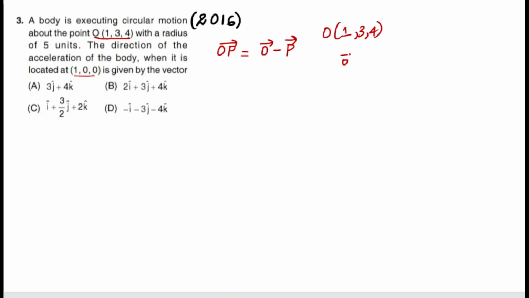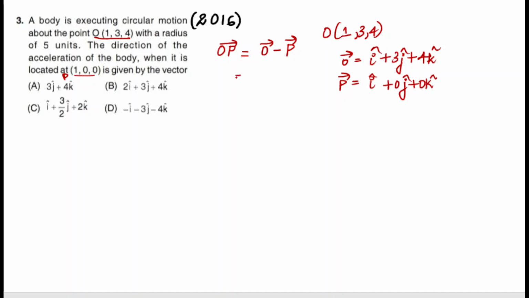So O vector can be written as i cap plus 3 times j cap plus 4 times k cap, right? And now to some point P. Now P vector can be written as i cap only. It will be 0 times j cap plus 0 times k cap.